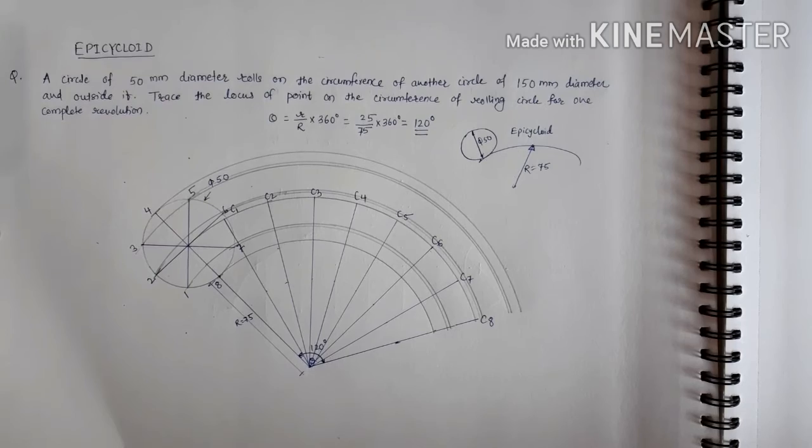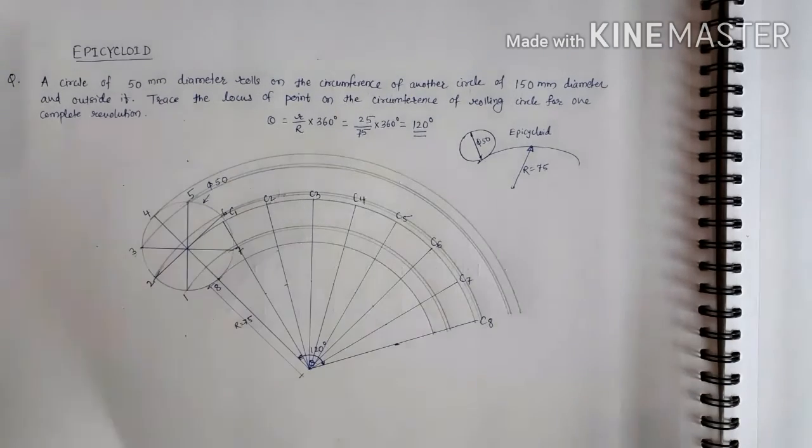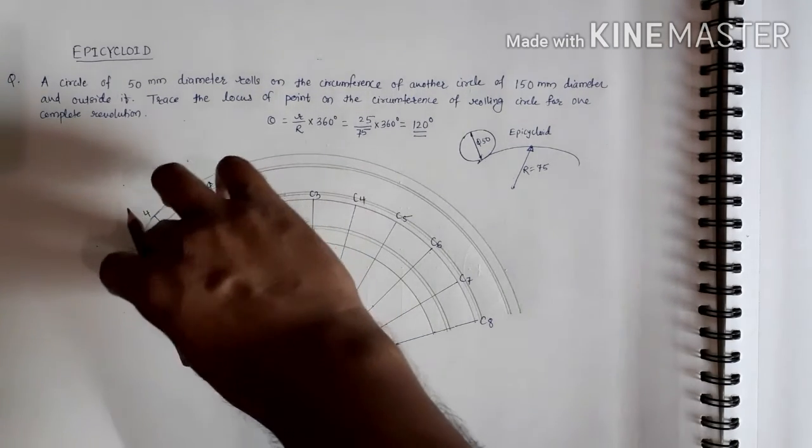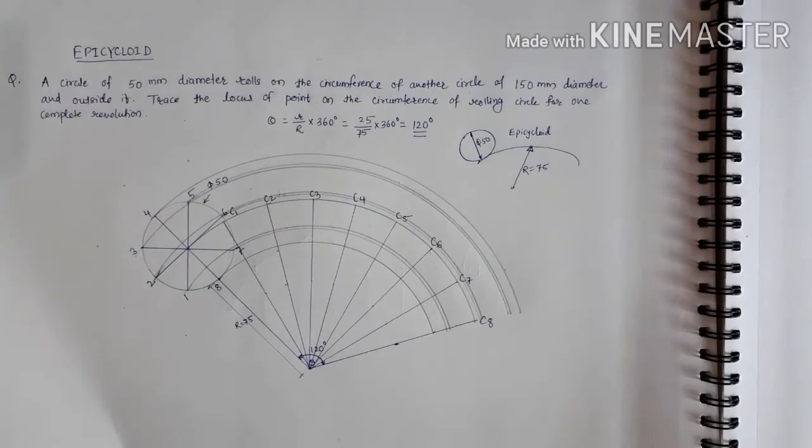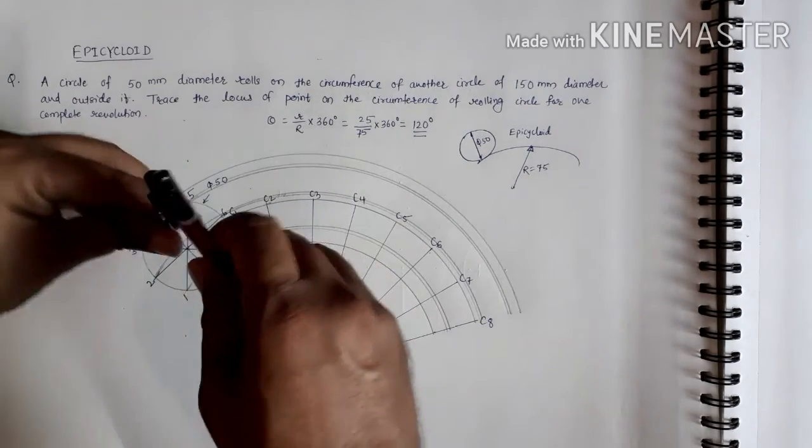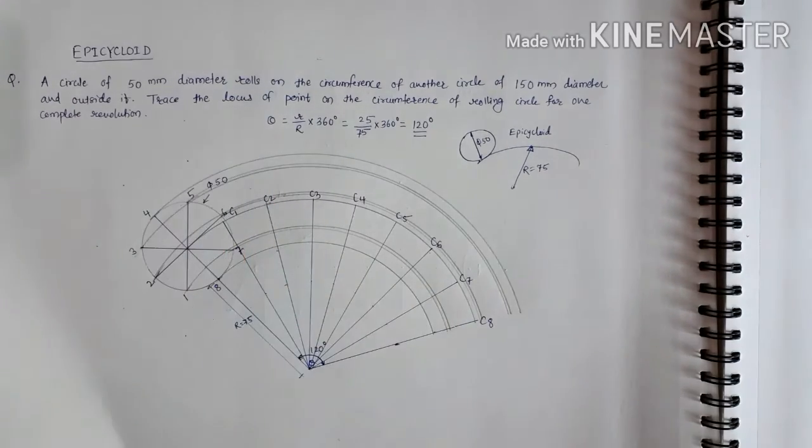Now the fifth step is, we need to take in our compass the radius of the smaller circle, that is 25 mm, which is rolling on the circumference of the other circle.